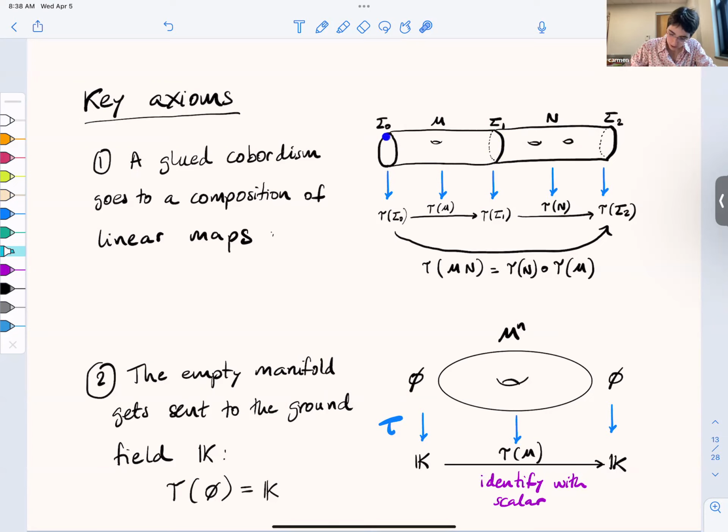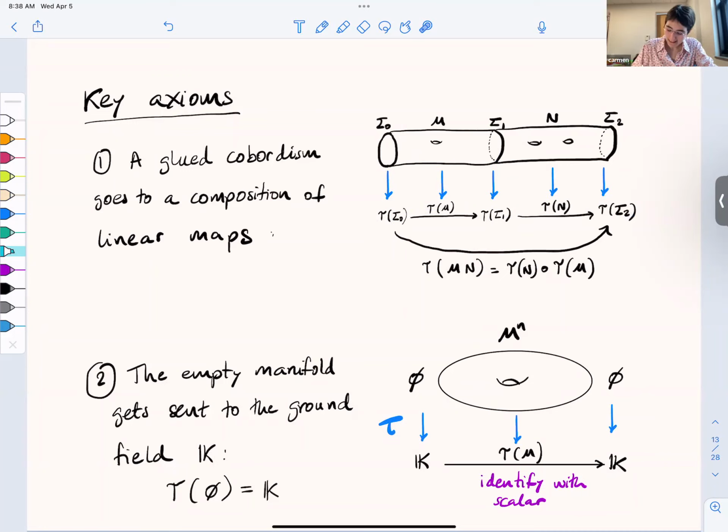Well, just as before, each of these boundaries, each of these sigmas, is getting sent to a vector space. So sigma 1 also gets a vector space, sigma 2 also gets a vector space, and then you have these two linear maps corresponding to the two cobordisms. The importance of this is that it behaves well. What do I mean by that?